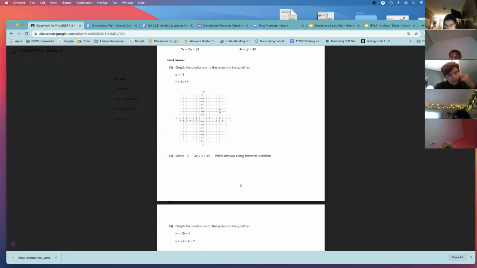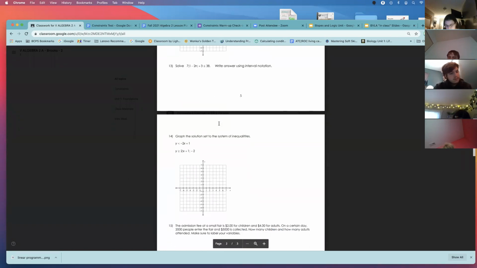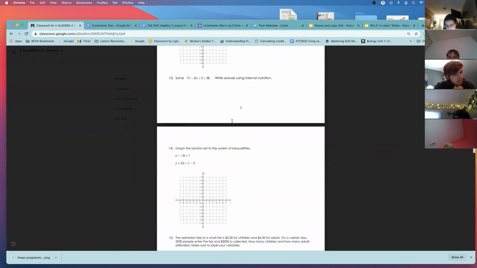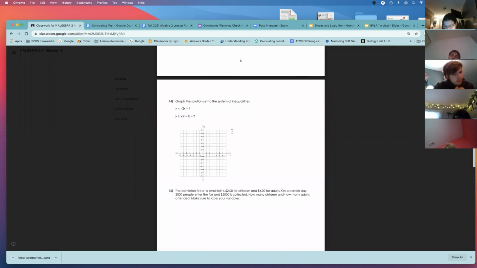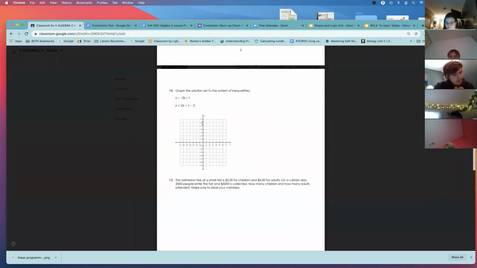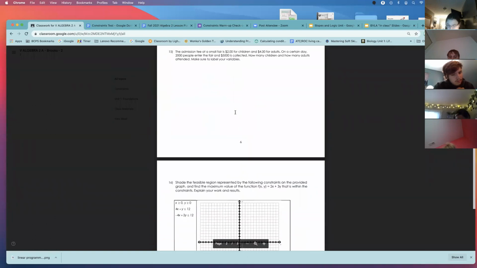Number 12 is graph. Okay. Number 13 is solve. You need to show work for number 13. Absolutely. And if you want to explain any of your thinking for 14, definitely. 15 is write two equations, label your variables.